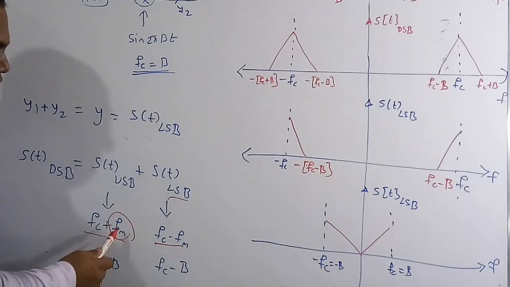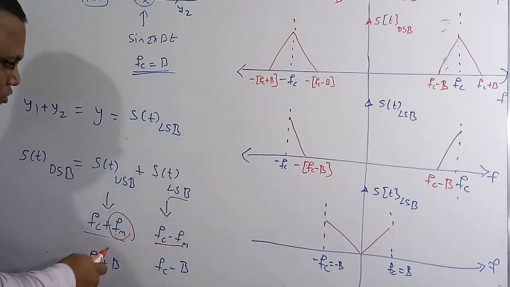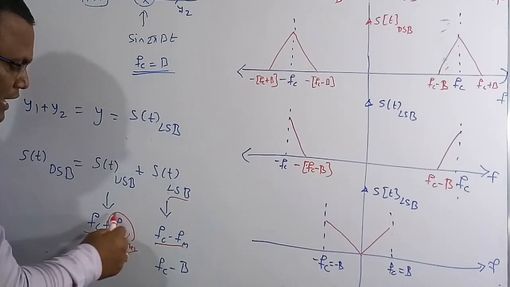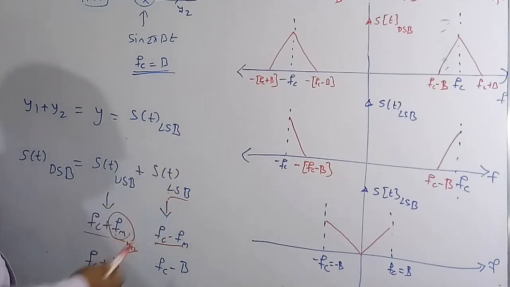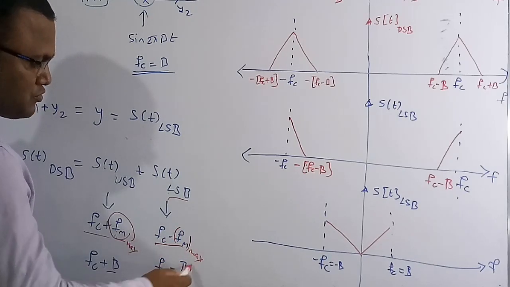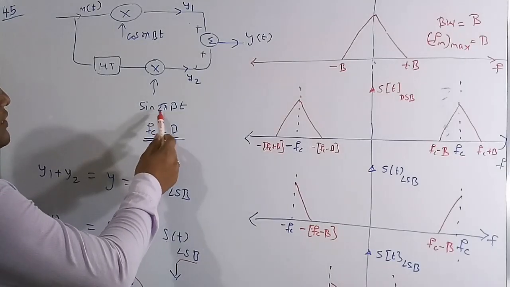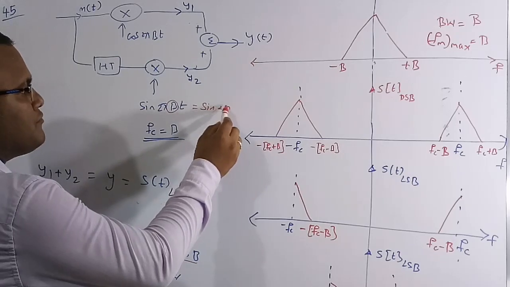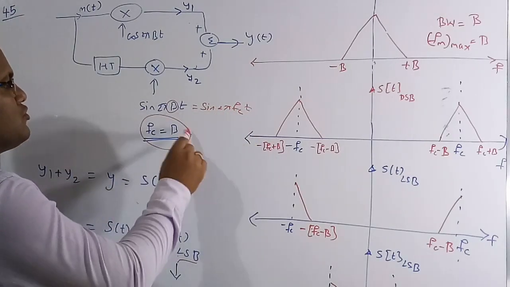In this case we use a lot of frequencies from 0 to the highest frequency B. So FC plus FM means we take the maximum frequency, FC plus FM max, where FM max is B. Similarly FC minus FM max is FC minus B. In the question they also give sin 2 pi bt. This is nothing but sin 2 pi fct. By comparing with the previous circuit we can know that fc is equal to B.